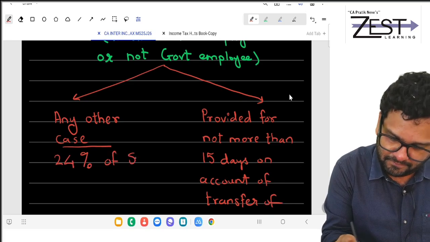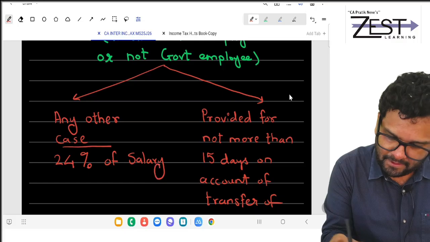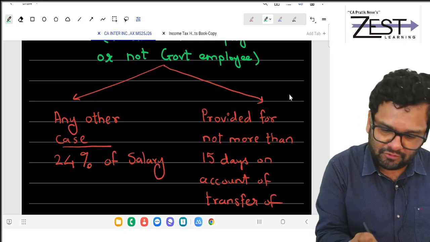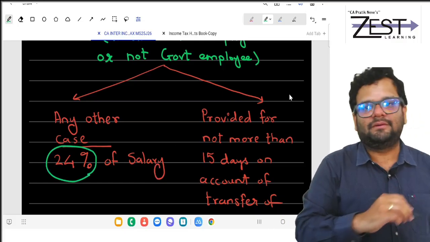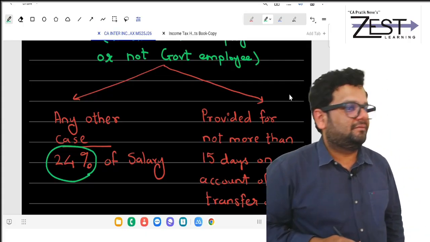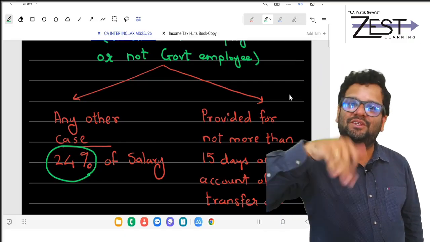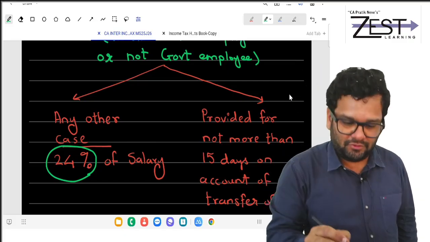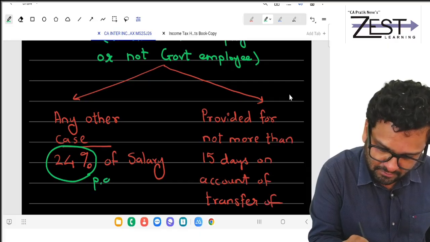of salary. And you already know the definition of salary. It is 24% of salary, because here furniture is also included.